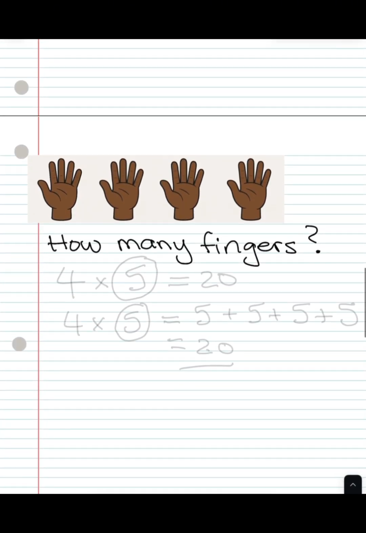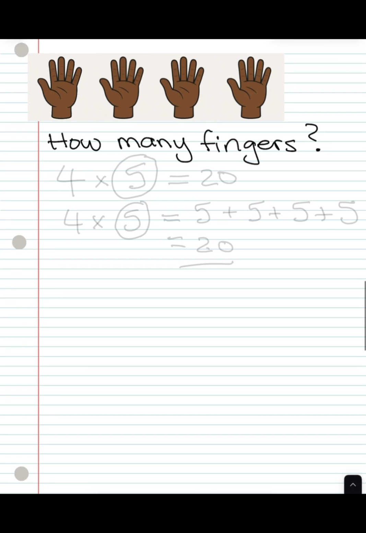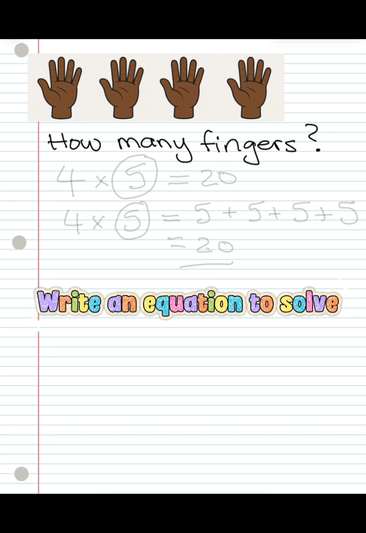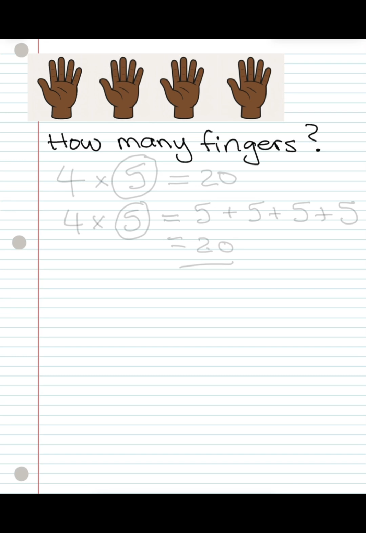So there's a huge variety that you will see with these types of problems. It could present as really any kind of picture, and the instructions would say write a multiplication equation to find the total number. So it could just say how many fingers.